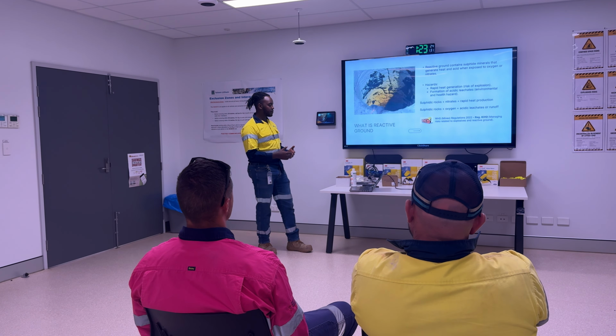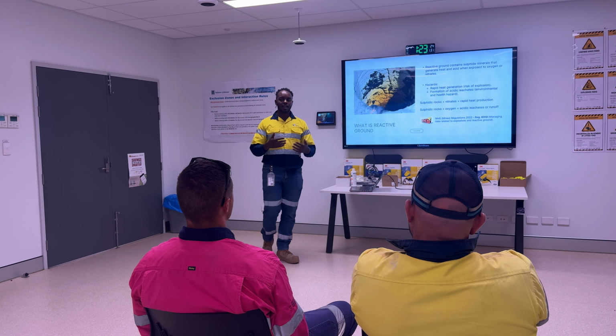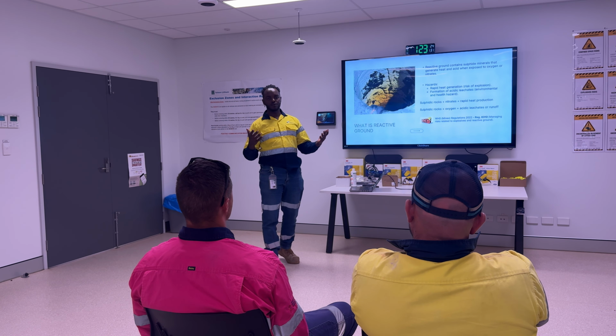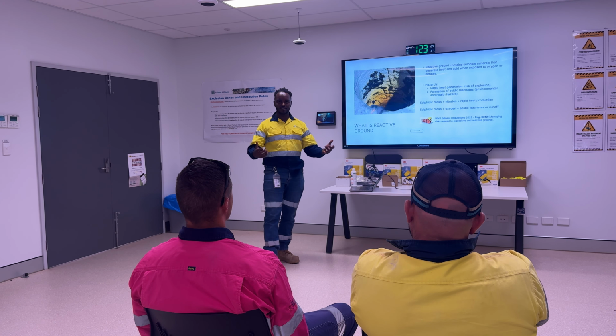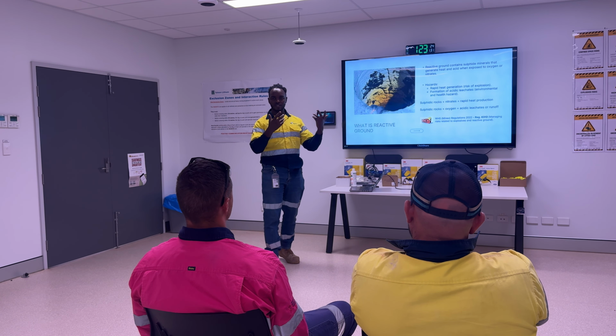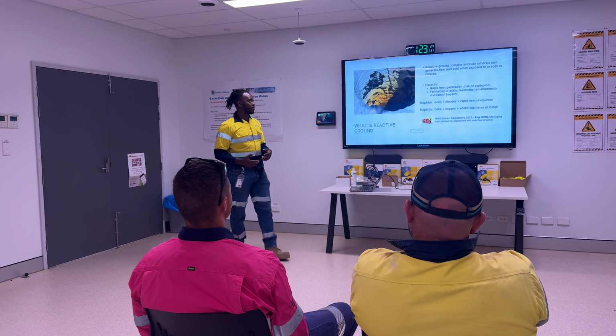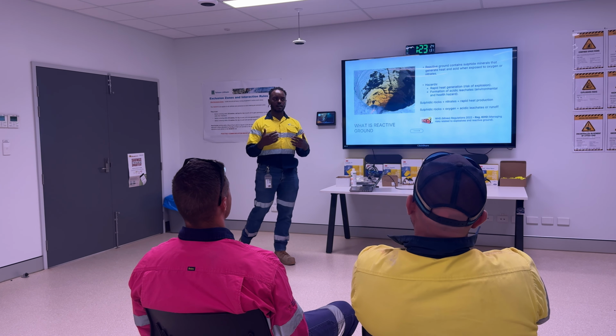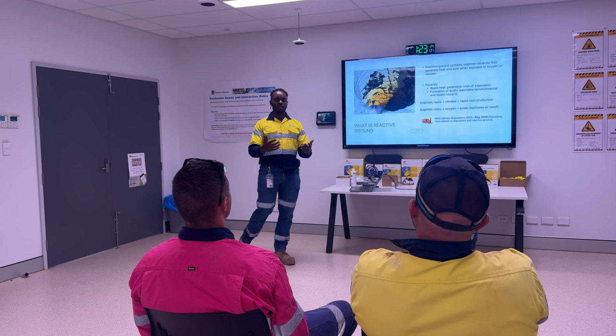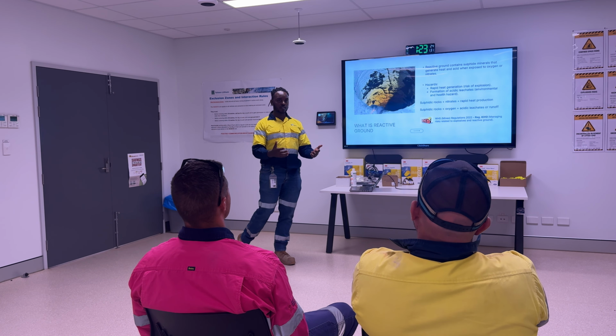So the reactive ground contains sulfide minerals that generate heat and acid when exposed to oxygen or nitrates. Have any one of you walked into a blast hole and seen some gas or moisture come out of the blast hole? So that's good, because it means that you probably haven't experienced the reactive ground.